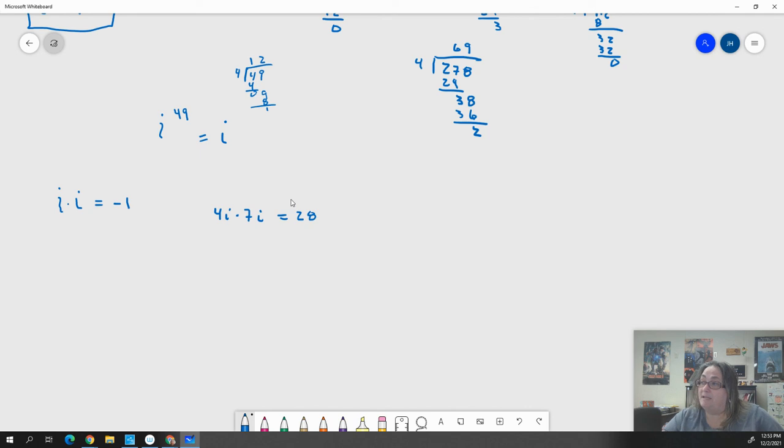When I multiply the i times i, I have i squared, and that's just going to give me -28. Because if you think about it, this is like saying 28 times -1, which just equals -28. Anytime you have an i squared on the outside of anything, when you get rid of it, all it does is change the sign in front of whatever it's being multiplied to.